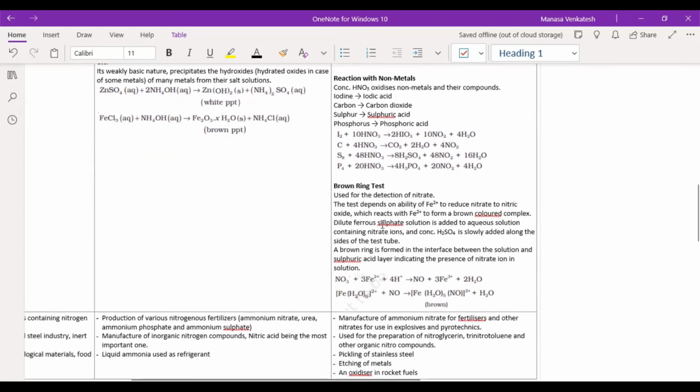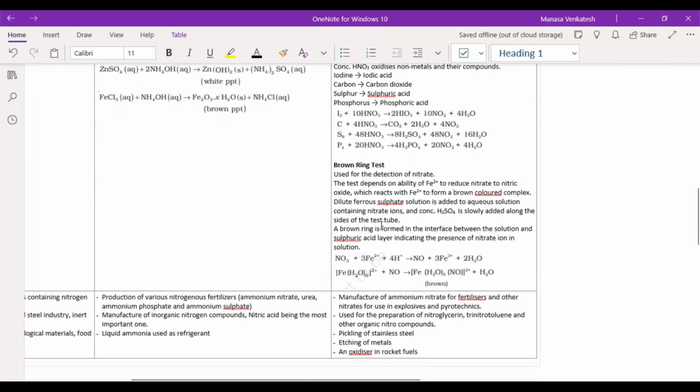Next is the brown ring test. The brown ring test is actually used for the detection of nitrates. What happens is, we take a test tube and we add ferrous sulfate solution to it, and then concentrated sulfuric acid is added along the sides of the test tube.